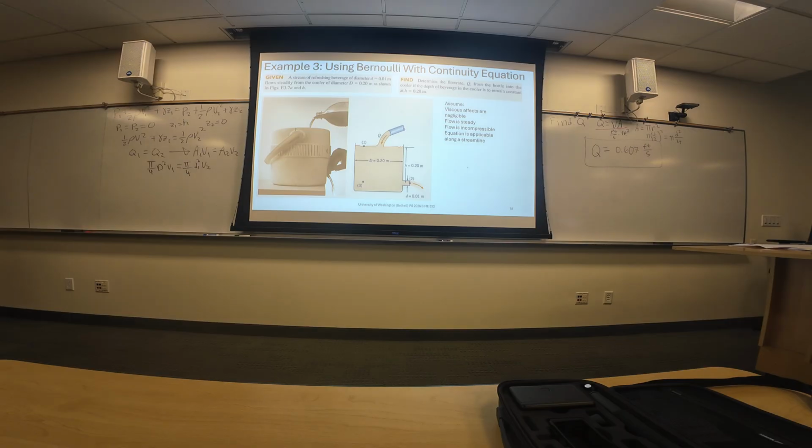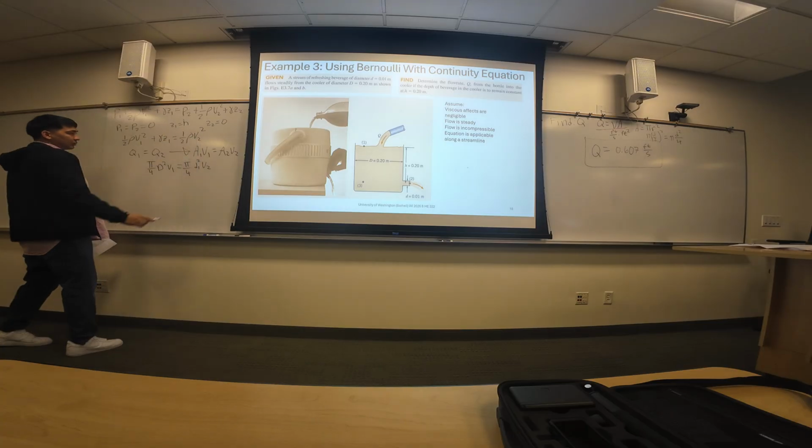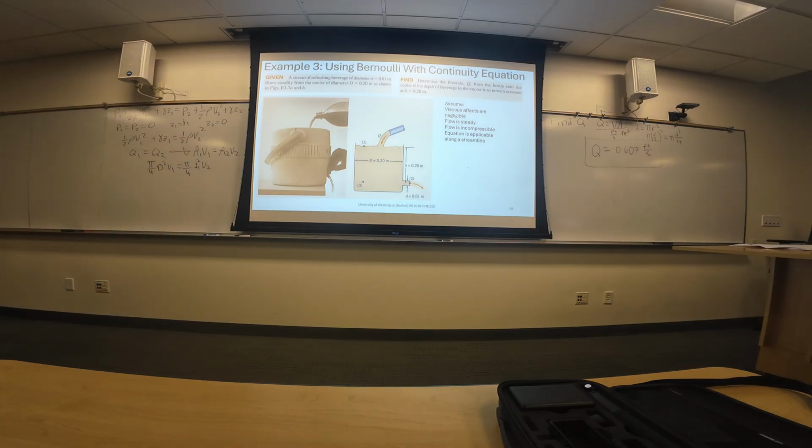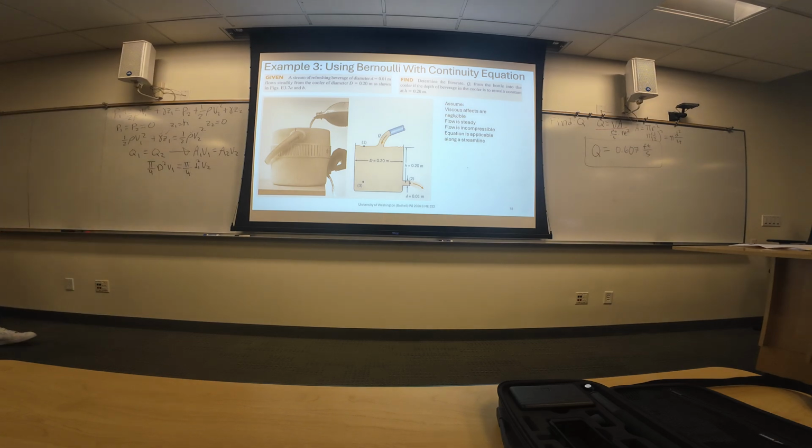So now let's go back to this equation and check what we have and what we don't have. Density of water, we have that from our tables. And height Z we have, specific weight we have from tables.